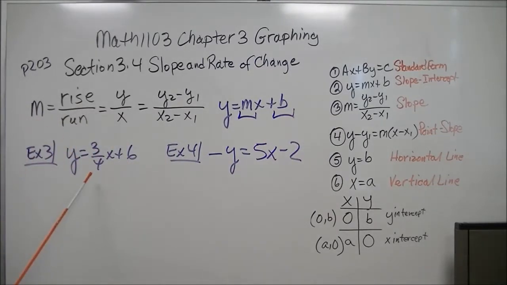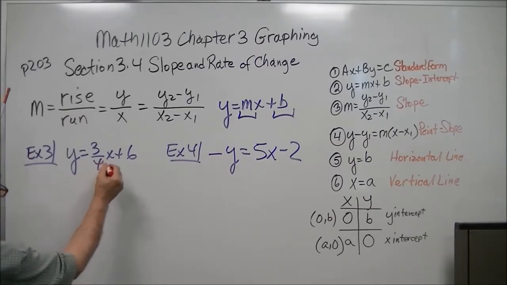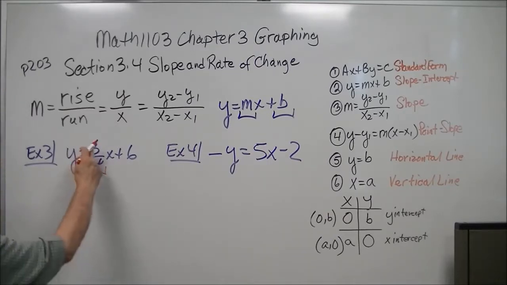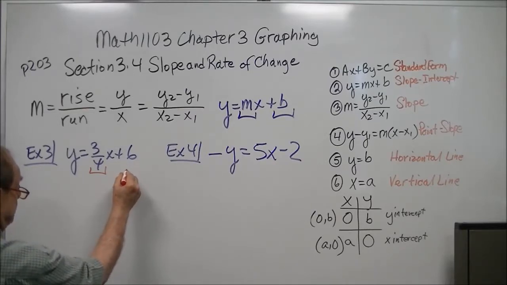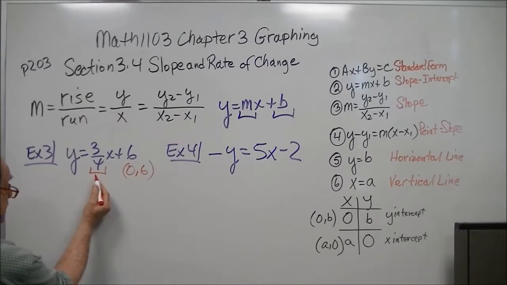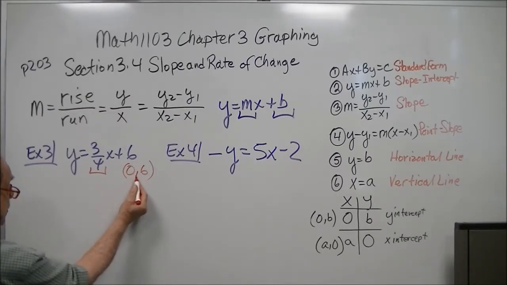So they want us to look at this formula and pick out the slope. Well, the slope is going to be the numerical coefficient of x, which is 3/4. And our y-intercept is going to be 0,6. So there's our slope, there's our y-intercept.